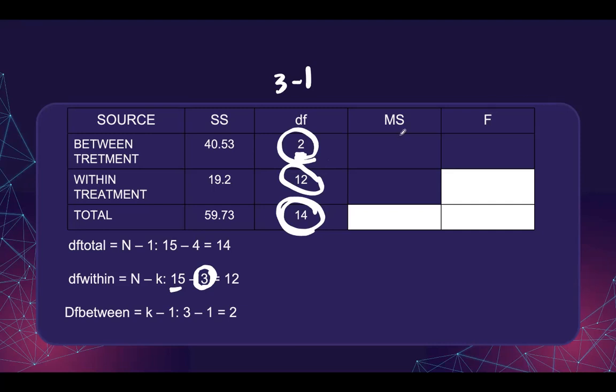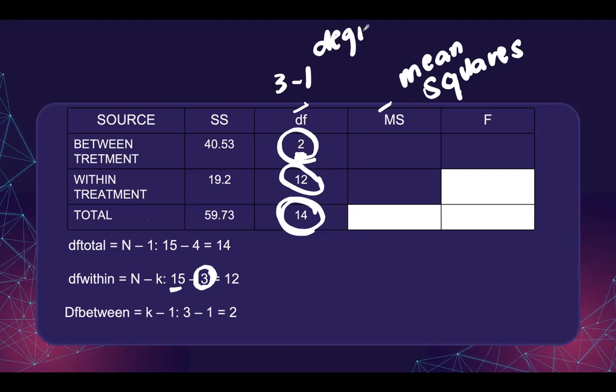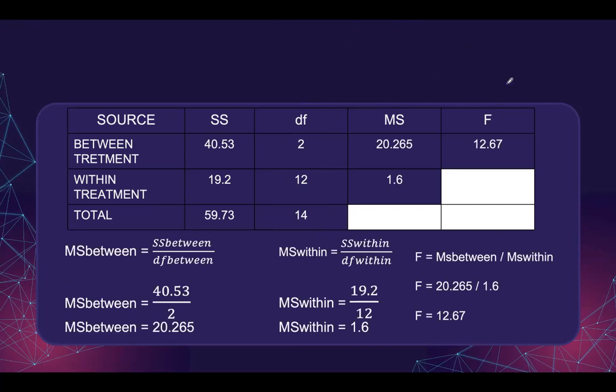Okay, yung ito naman class is the mean squares. Tandaan, degree of freedom. Okay, para sa mean squares, mean squares between the group is computed by the sum of squares of between the groups divided by the degree of freedom of between the groups.